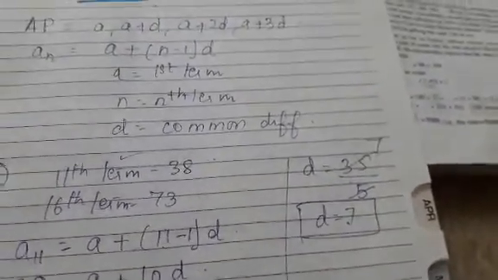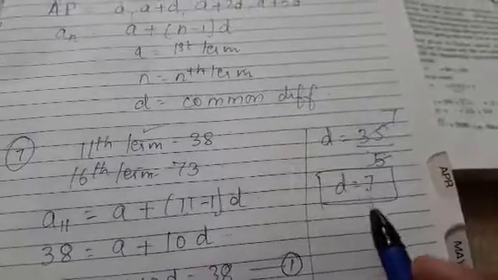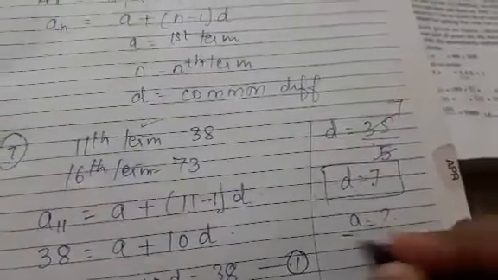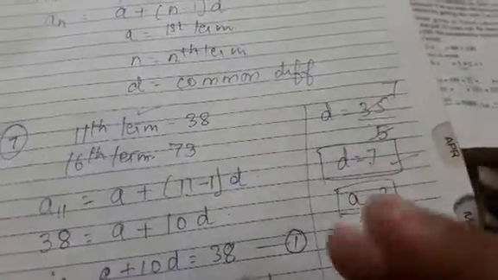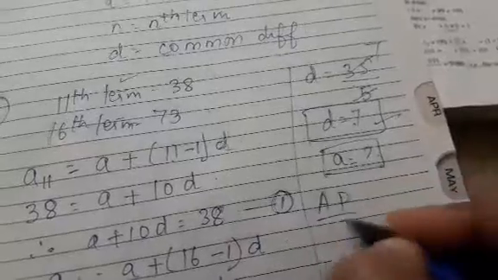Now we have to find the 31st term, but for that we need A. So after taking out the common difference, we will first find the series. That is, we have to find the AP, and then we can proceed with the 31st term.